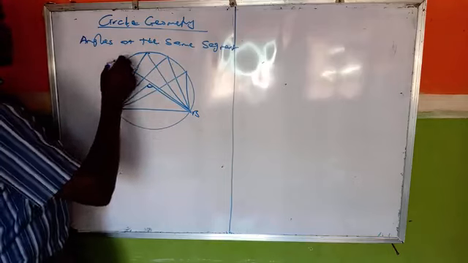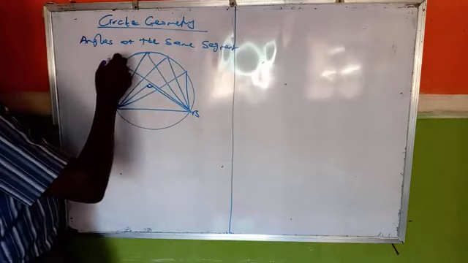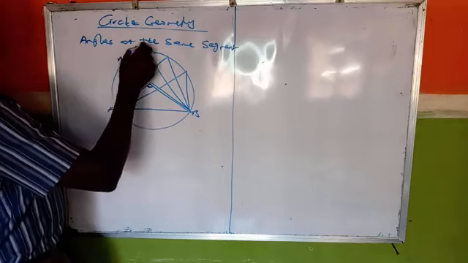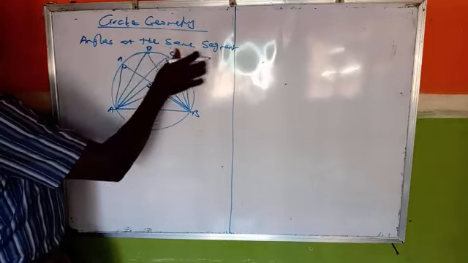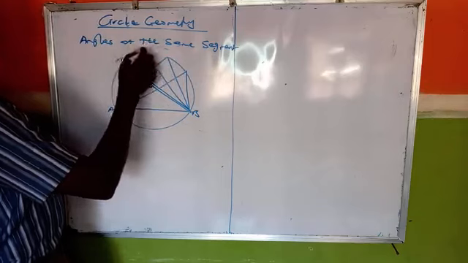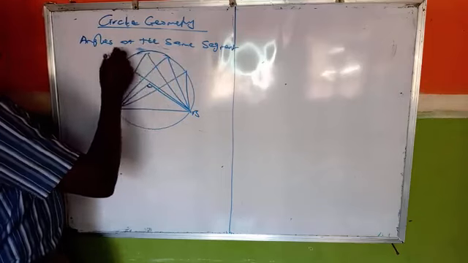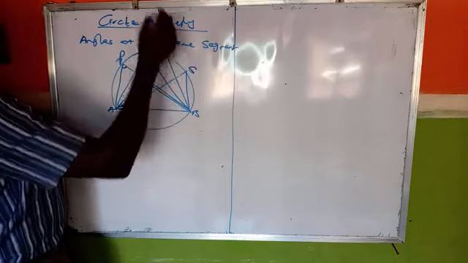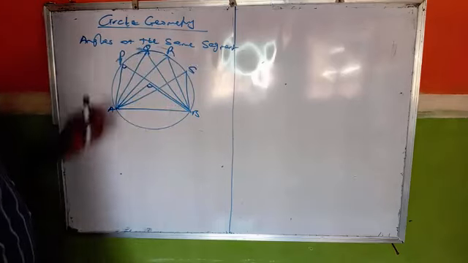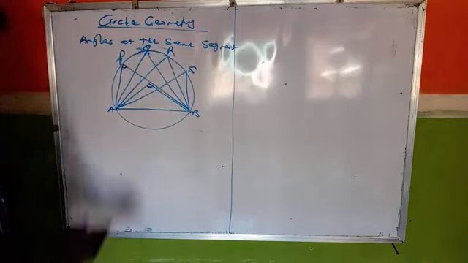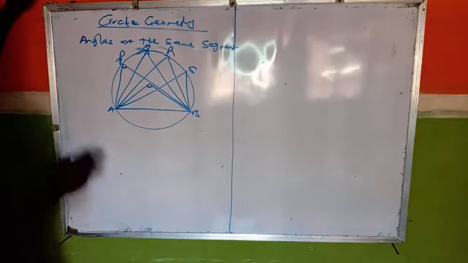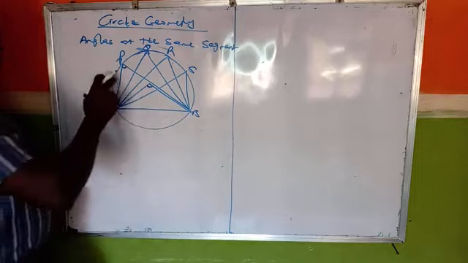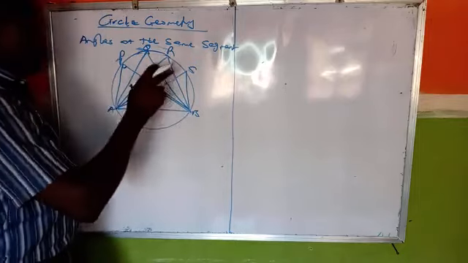Let's call this place A, B, C. Okay. Let's have this place as P, Q, R, S. Now, what do we want to prove? We want to prove that angles in the same segment are equal.